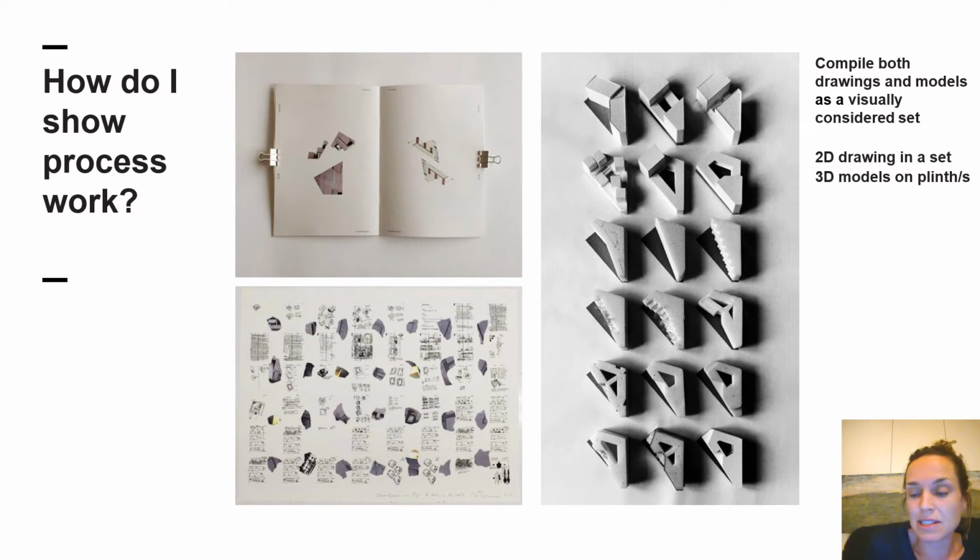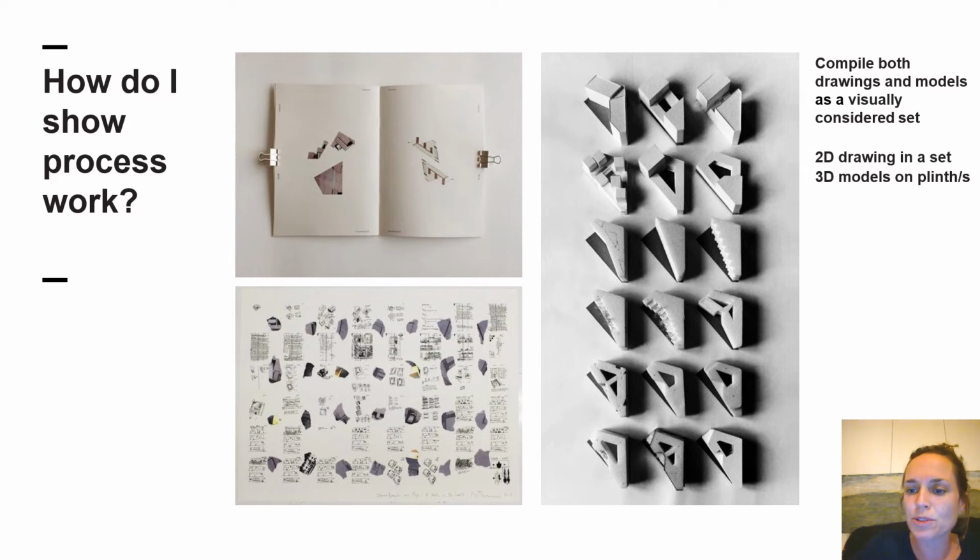In drawings, that can be simply compiling these as a book. You can see in the top image here, things can be clipped together, they can be sewn together, they can be bound into a book, they might be stacked together and then key pieces laid out. You might collage pieces together like the image on the bottom left here.